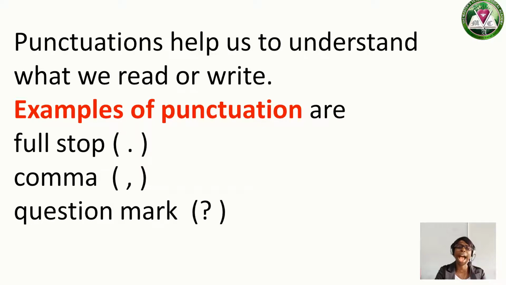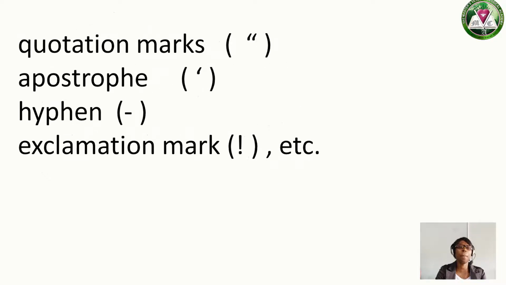Examples of punctuation are, we have full stop. You can see the sign inside the bracket. That is the sign of full stop. Comma. I believe you can see the sign. Question mark. Quotation marks.